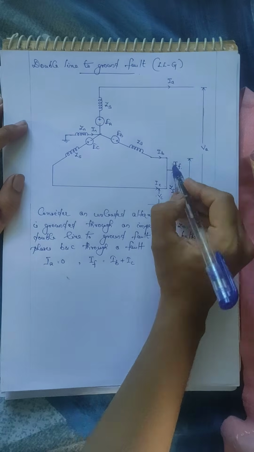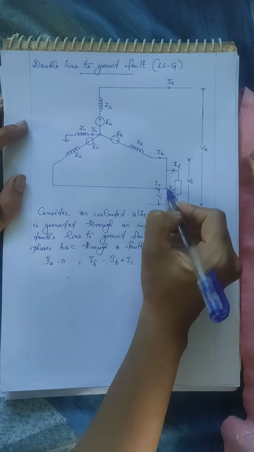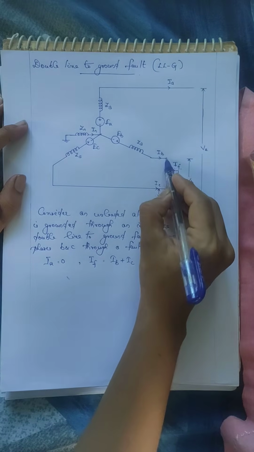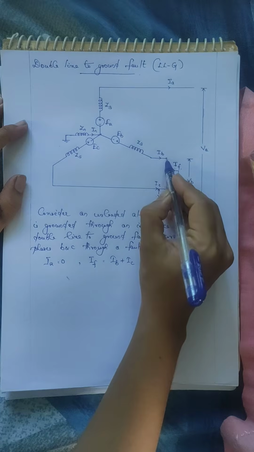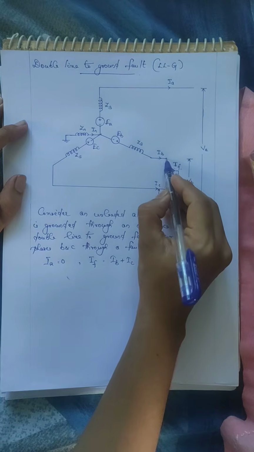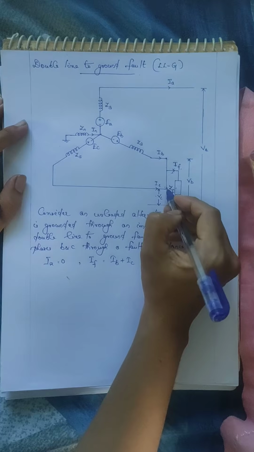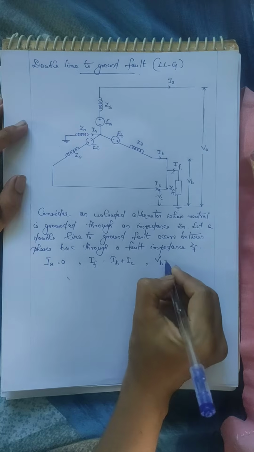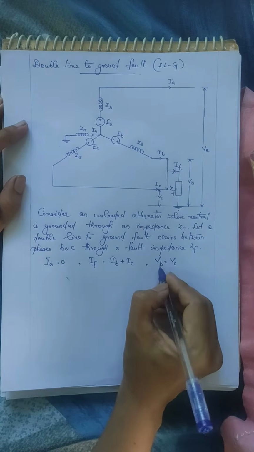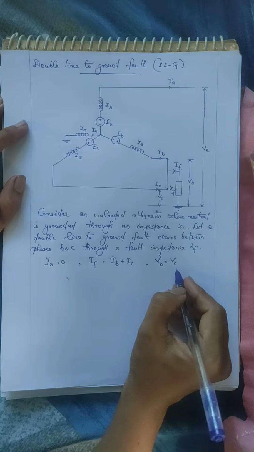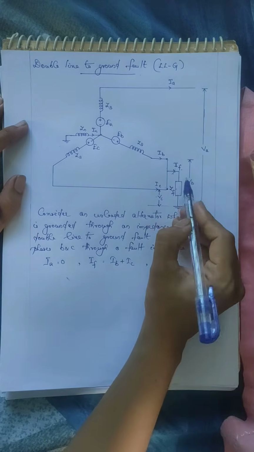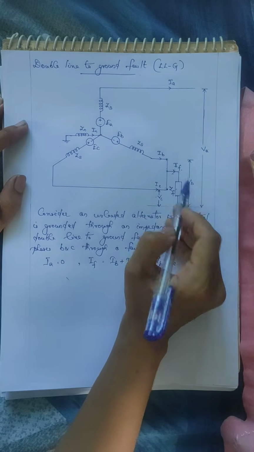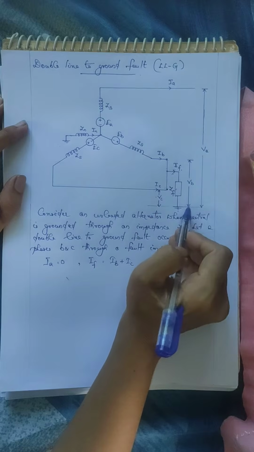Now we can see that phase B gets shorted to phase C. So there is a short circuit between phase B and C, and this point gets connected to this point. So the voltage of this point, VB, will be the same as the voltage of this point, VC. So we can write VB is equal to VC. Phase voltage VB is the voltage between the terminal of phase B and ground.